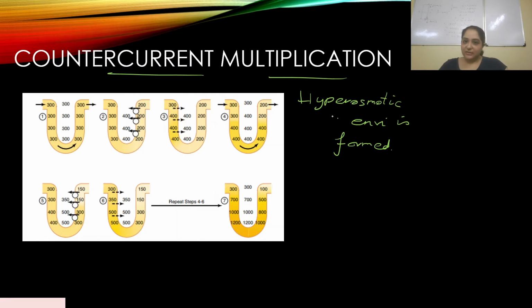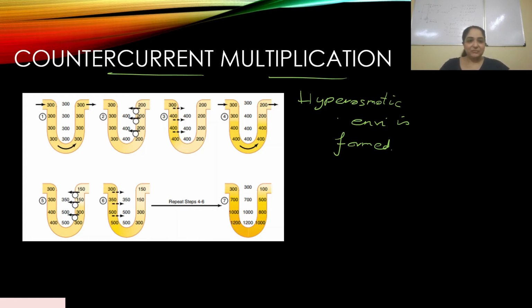The hyperosmotic environment is formed or created by the countercurrent multiplication system. Now countercurrent multiplication is basically just three simple steps, and you don't need to complicate it. Don't overthink it, because if you overthink it, you will get even more confused. So it is just divided into three simple steps.